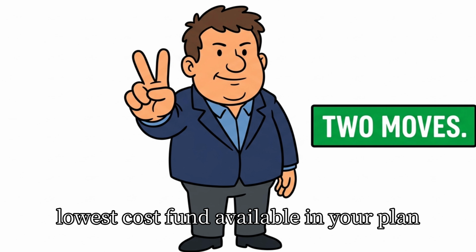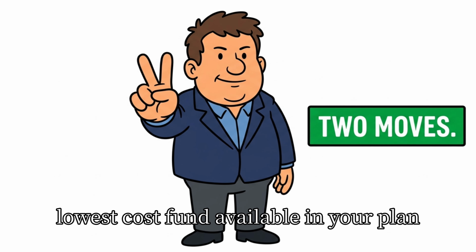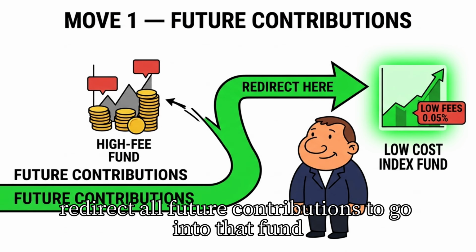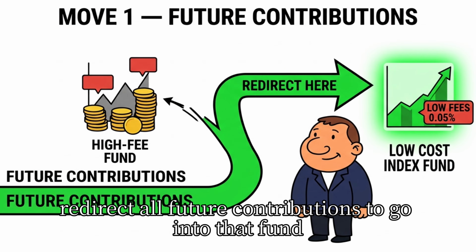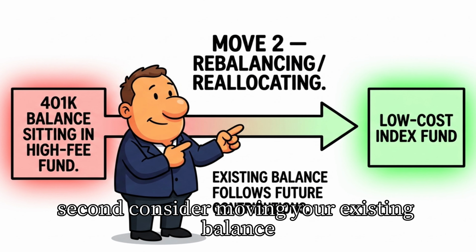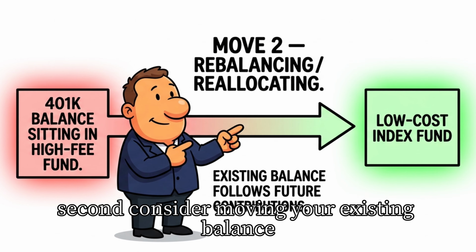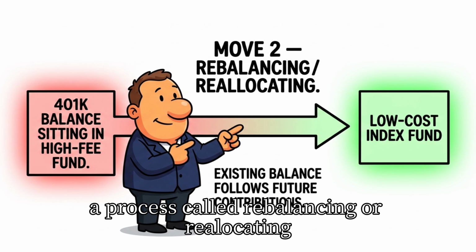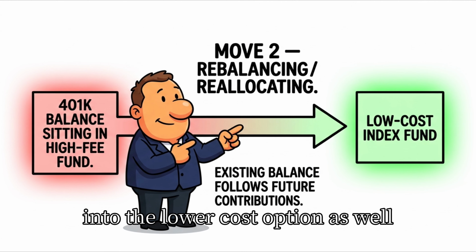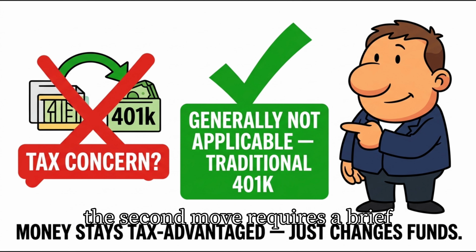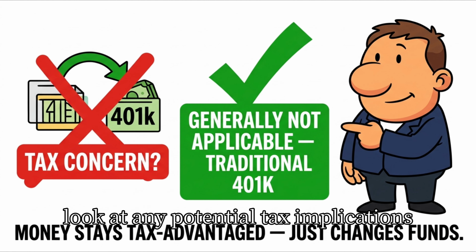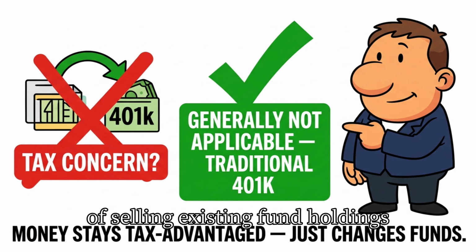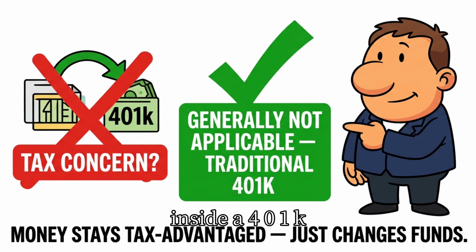Once you find the lowest cost fund available in your plan, you have two moves. First, redirect all future contributions to go into that fund. Second, consider moving your existing balance, a process called rebalancing or reallocating, into the lower cost option as well. The second move requires a brief look at any potential tax implications of selling existing fund holdings inside a 401k.